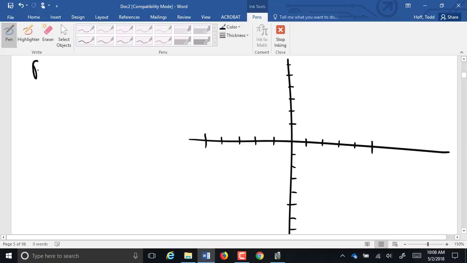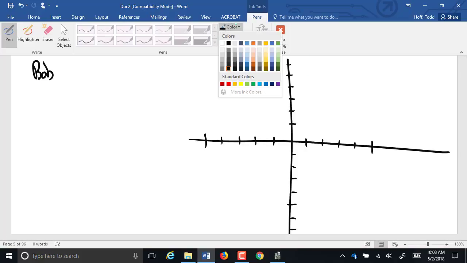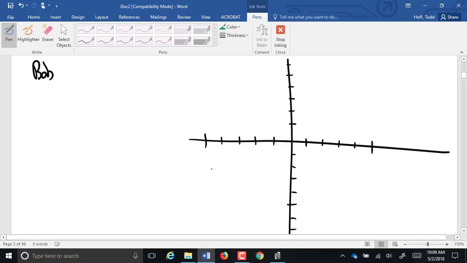Let's talk about our friend Bob. Bob's an expert skier. So if Bob skis down a slope like this, he has a little bit of fun, right? Shallow slope.